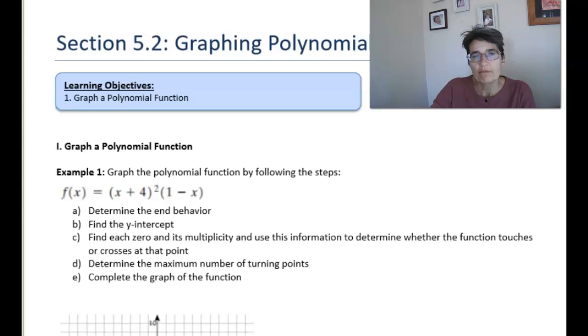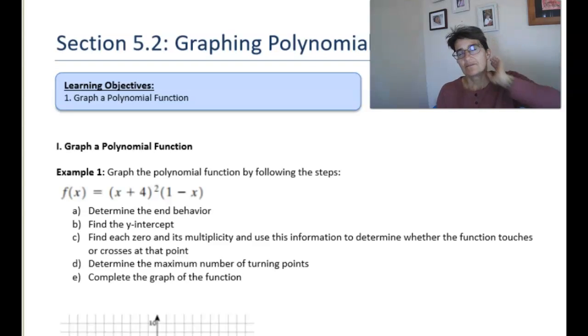So in order to graph a polynomial function, we basically want to go through several steps. We want to find the behavior of the function at the endpoints, the end behavior. That's for x goes to positive infinity or negative infinity. What is the function doing? It could be doing two things. The y value could be going very large and positive, so it's going to positive infinity, or it goes large and negative.